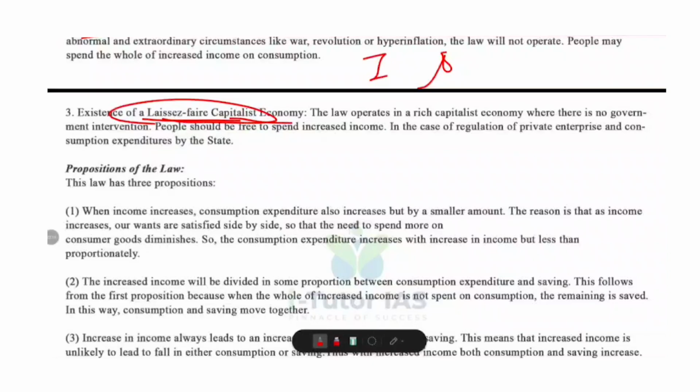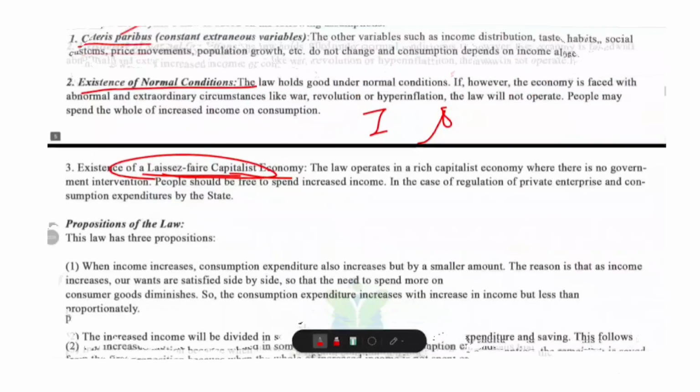For example, if the government imposes heavier taxes, rationing or spending limits, then people's consumption behavior will not depend only on income. It will be controlled by policies. Hence, Keynes law applies best in a capitalist economy where individuals make their own consumption decisions freely.